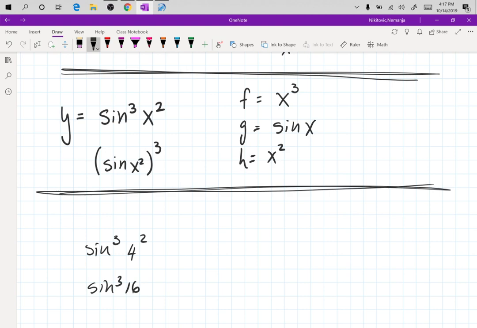That tells me that 4 squared, computed first, is the bottom layer. Now for sine cubed 16, the next thing I can compute is sine of 16, which is either 16 radians or 16 degrees. You get a number there, and then you do the cube at the end, which makes the cube the last, the top layer, which is f.